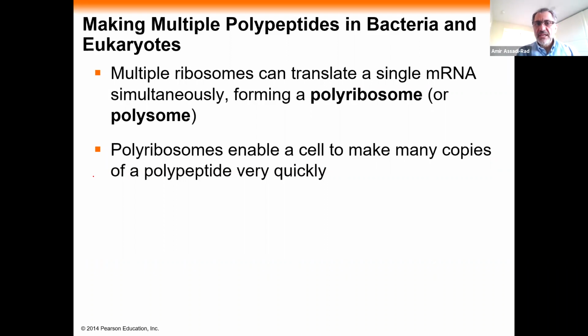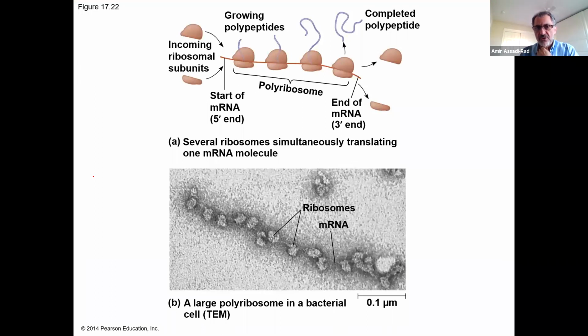Multiple ribosomes can translate a single mRNA simultaneously, forming polyribosomes or polysomes. Polyribosomes enable a cell to make many copies of a polypeptide very quickly, and they are showing it in this transmission electron micrograph.